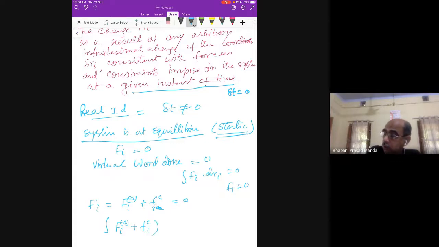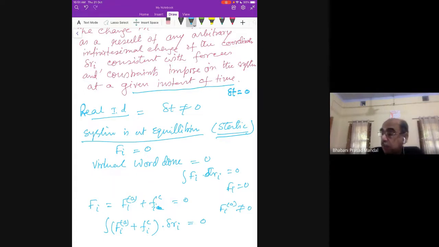So dotted with delta r, this virtual displacement, is equal to 0. So in the static situation, virtual work done is 0. But notice now that Fa, the applied force, is not equal to 0. You have only the total force. In the equilibrium, static situation, you have the total force equal to 0, not the applied force equal to 0.